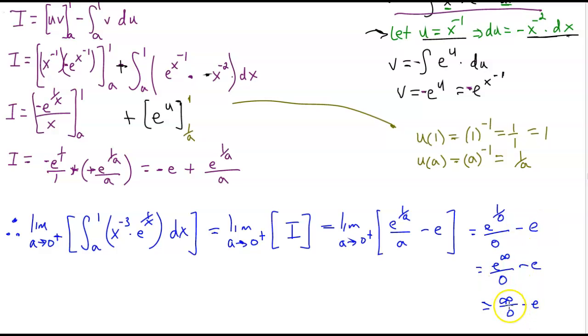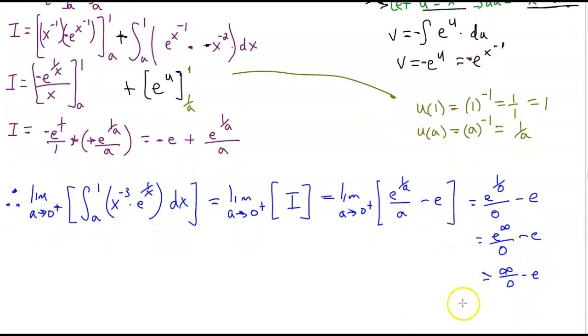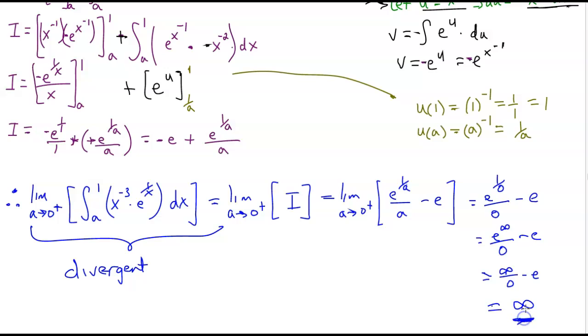Or you can look at the infinity over 0 as an infinity times an infinity. So, needless to say, all this just ends up approaching infinity at the end of the day. And since infinity is not a real number, that means that this particular improper integral is going to end up being divergent because of this end result here.